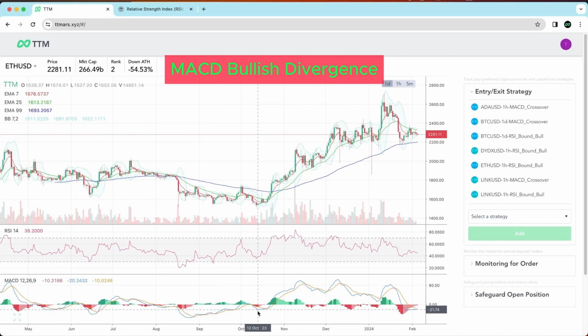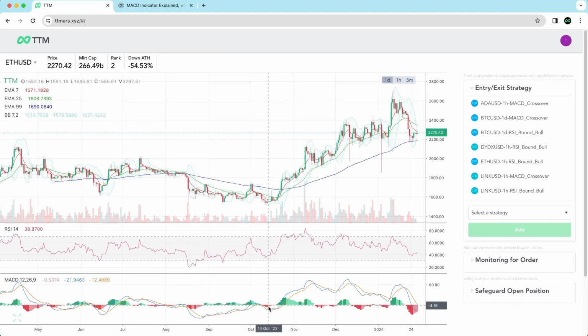So this low of MACD is higher than the previous low of MACD. So this kind of pattern in the price and MACD forms a bullish divergence. It signals the market is turning bullish after this period of time, and that the price is going to move up after this point of time.